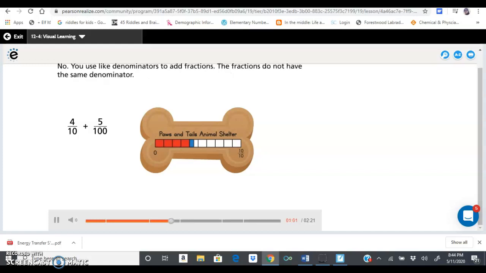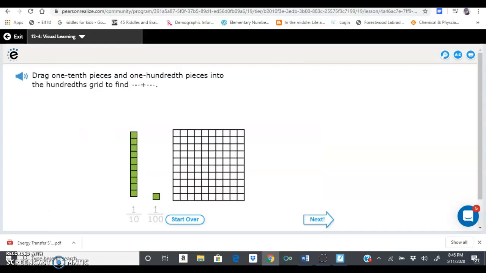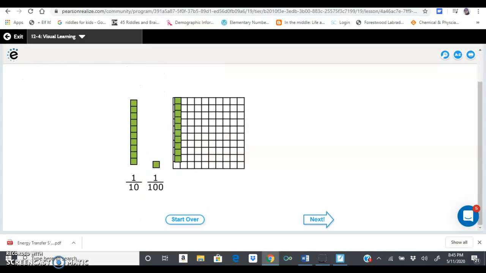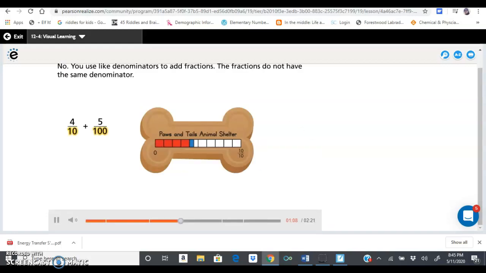Oh, not this again. Drag 1/10 piece and 1/100 pieces to the grid. So that is a 1/10 piece, and that is a 100 piece.